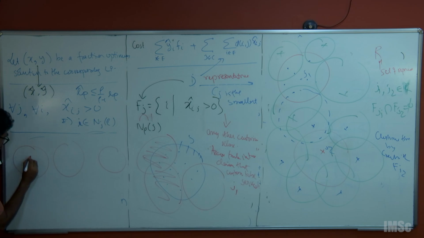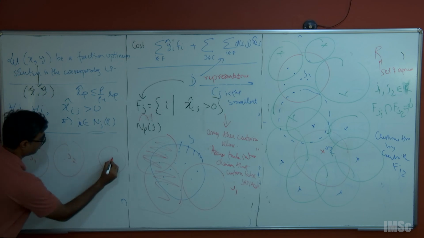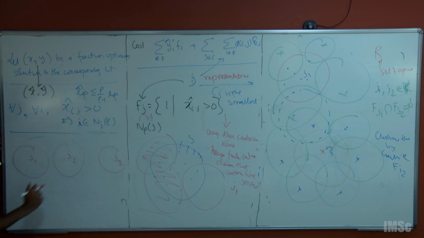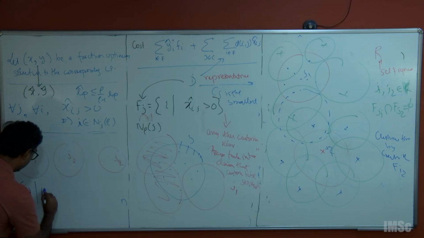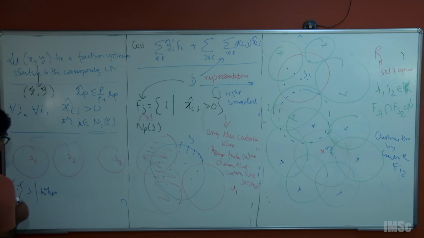Let's call the representatives J1, J2, JQ. So there are Q balls, and they have their representatives. Now my X is created as follows. For J1, find the closest facility in F1. I take the facility J. X consists of J, where, or rather, this is a customer.